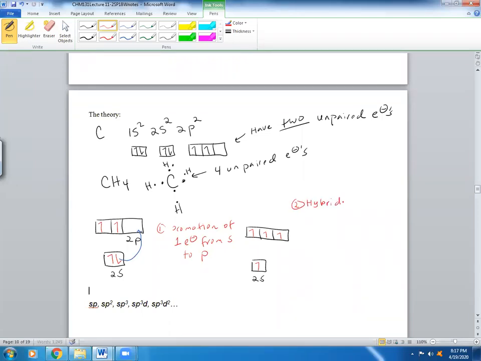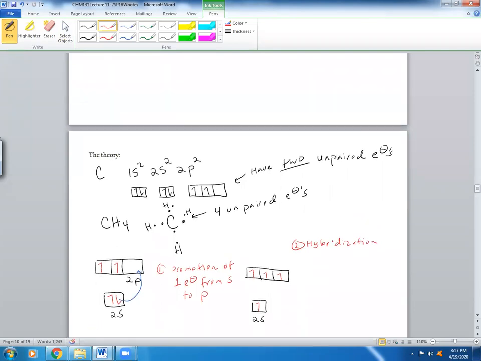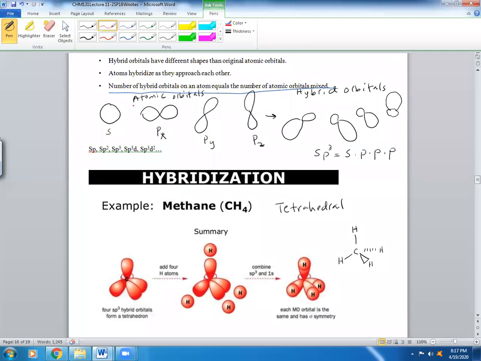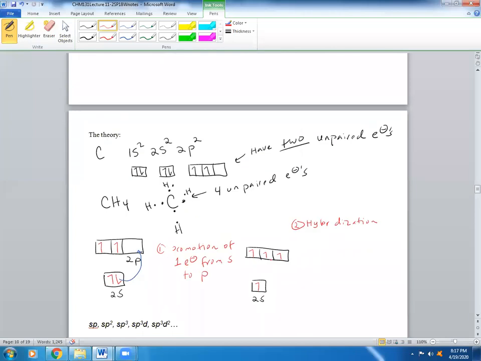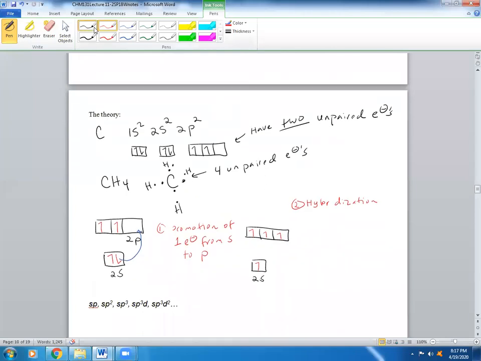Step 2 is called hybridization. Basically, what you do is you take the s, as I showed you before, on the top right here, and now mix it with these 3p orbitals. So you take this box, mix it with that one, and then you make something new. You make new orbitals in the middle. Notice how the energy is in between.